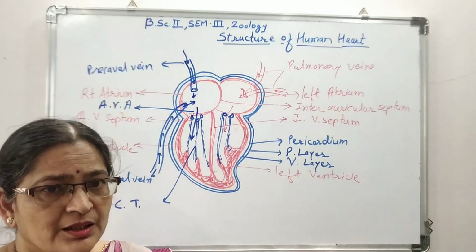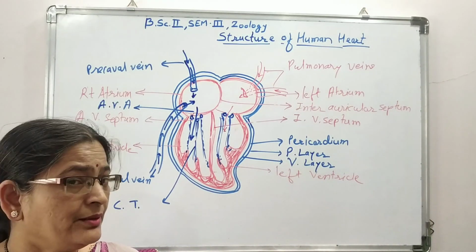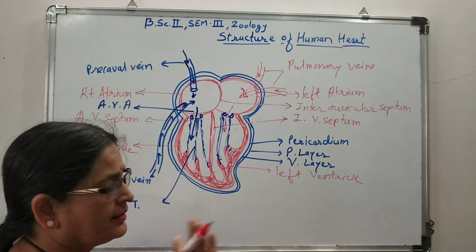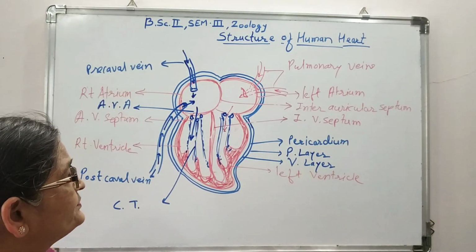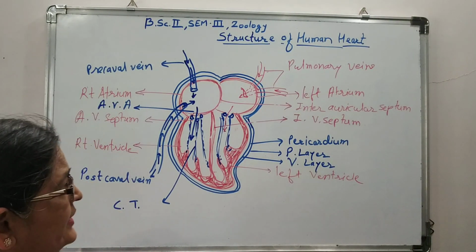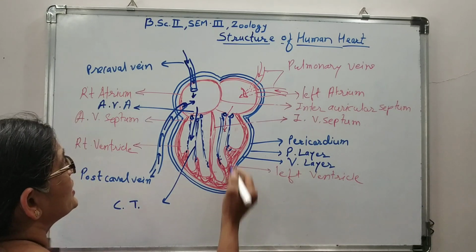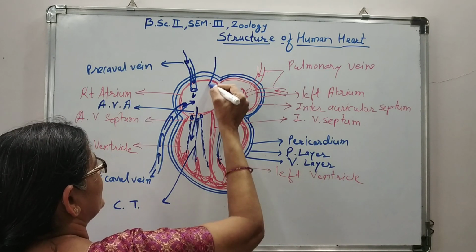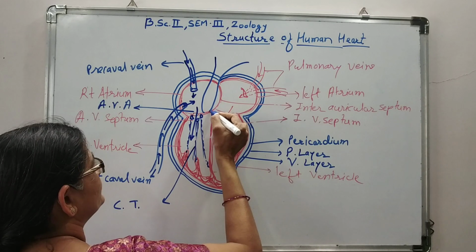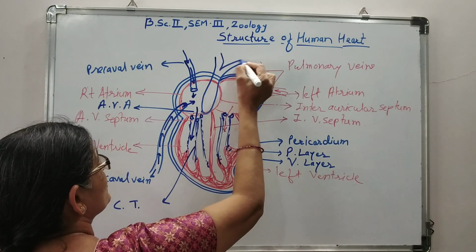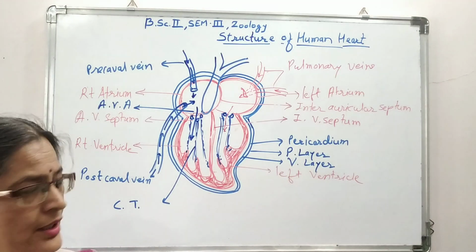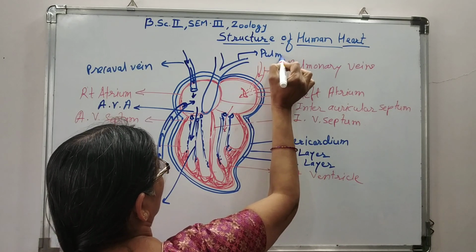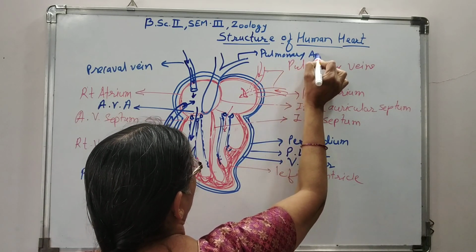Then again there are two main blood vessels present, one on the right side and one on the left side. On the right side, there is a large blood vessel which goes to the lung like this, and this blood vessel is called the pulmonary aorta.